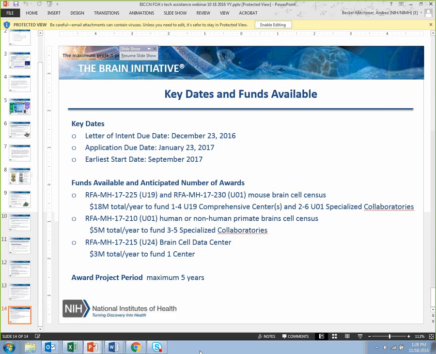For the U01 human or non-human primate brain cell census laboratory, 5 million in total per year is allocated to fund 3 to 5 specialized laboratories. And for the U24 brain cell data center, only one center will be funded, with $3 million in total per year. The award project period is 5 years maximum.